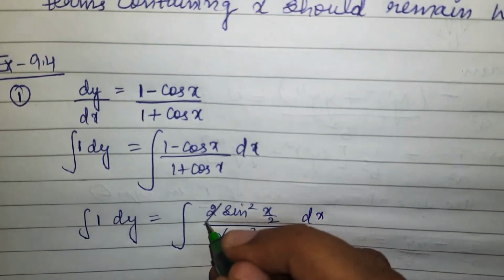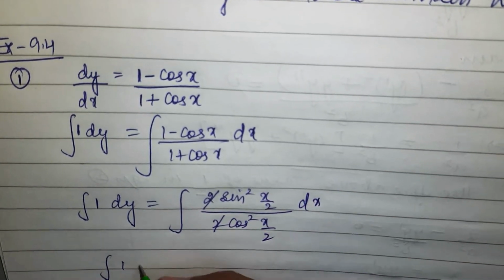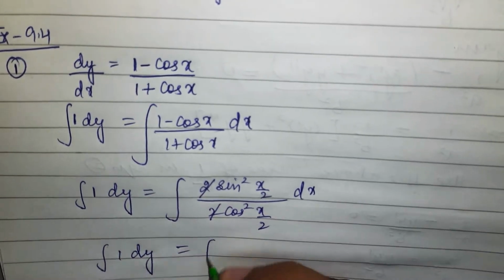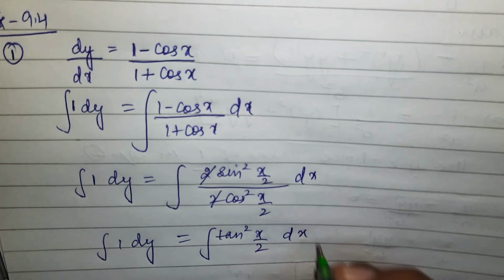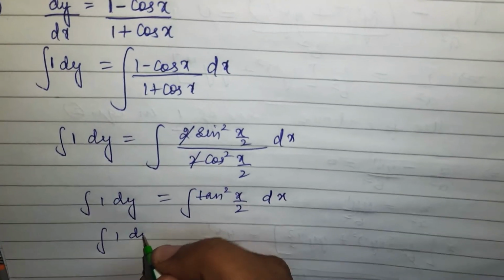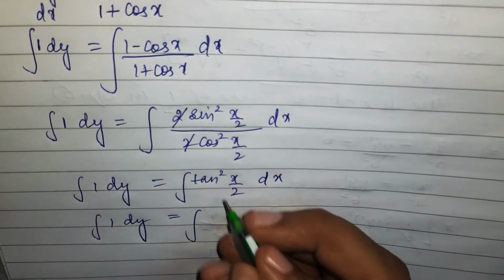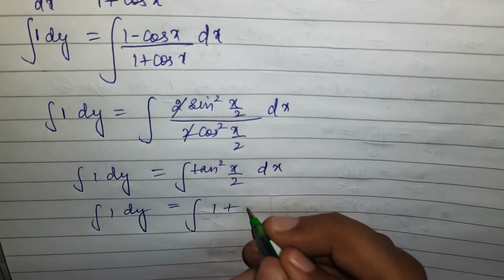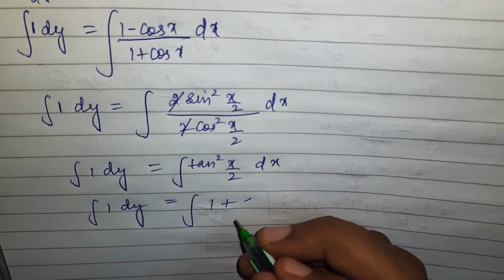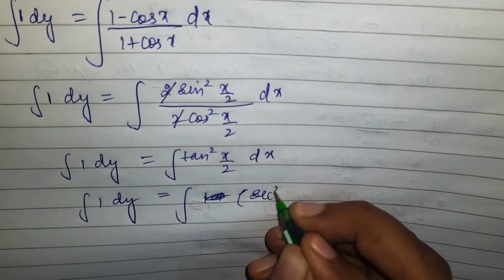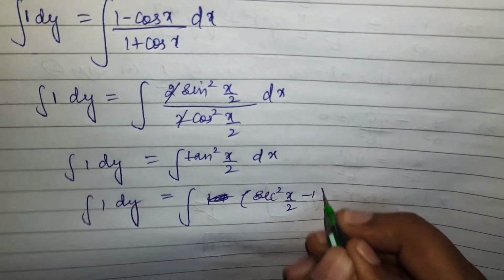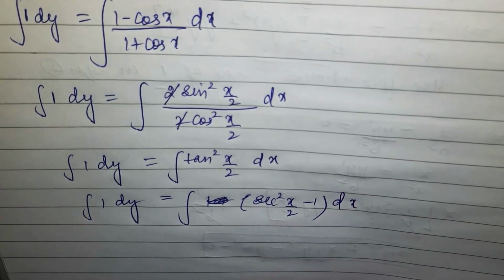The 2 and 2 cancel out, so basically I get dy equals tan square x by 2 dx. But integration of tan square x by 2 is not directly possible, so we use 1 plus tan square theta equals secant square theta. So the term becomes (secant square x by 2 minus 1) dx.